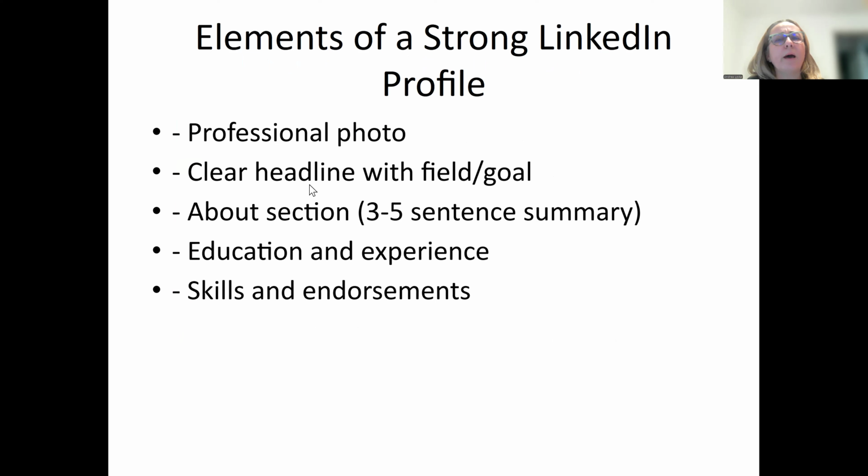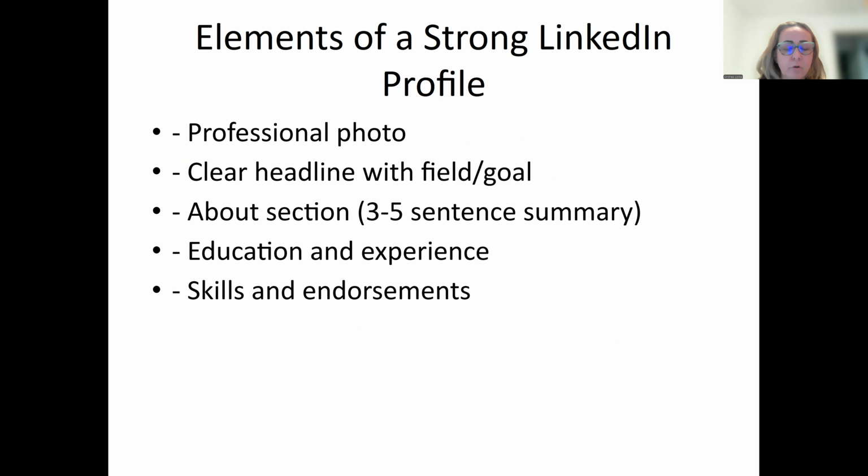Let me go back to the LinkedIn slide. So you need a professional photo, right? This means a clear shot of you with a simple background. A headshot would be preferred.